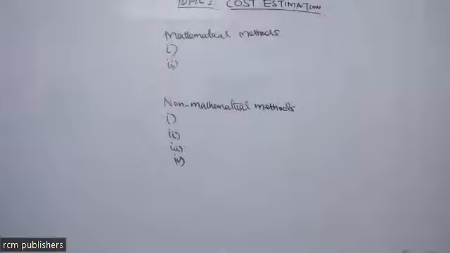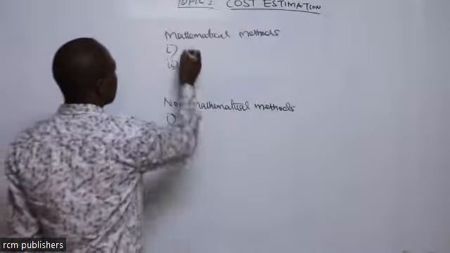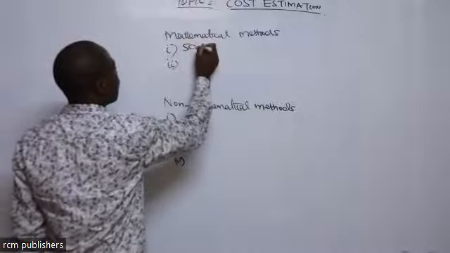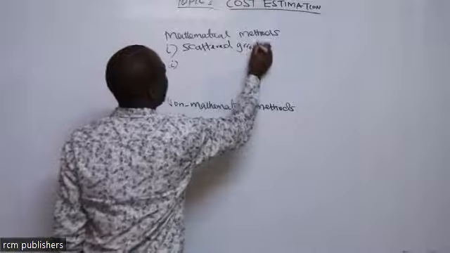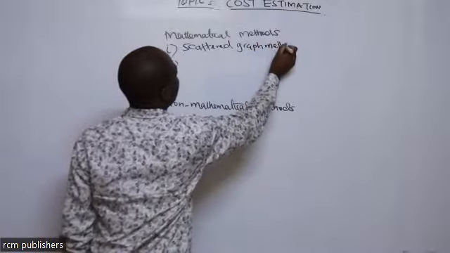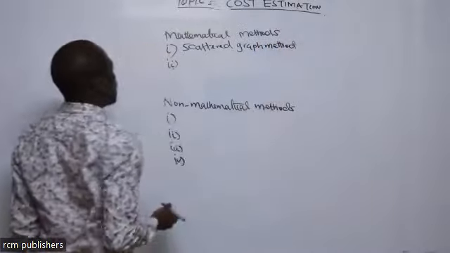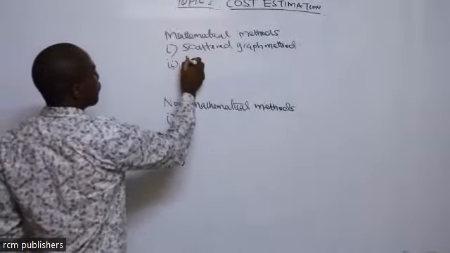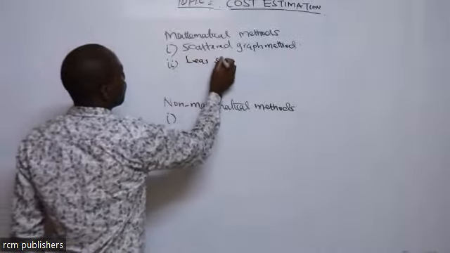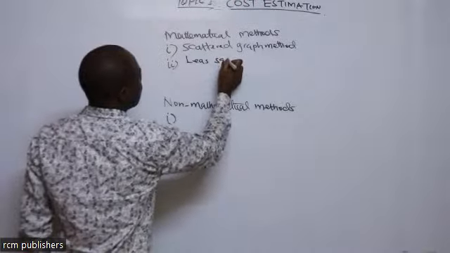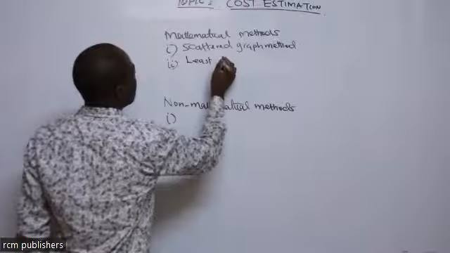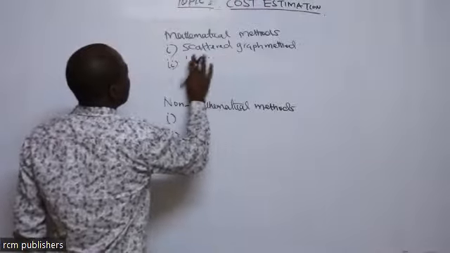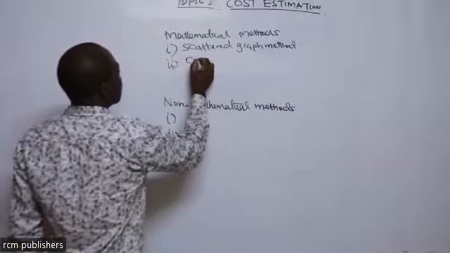The mathematical method is the scatter graph method. Then number 2, we have the high-low method, or we call it ordinary.